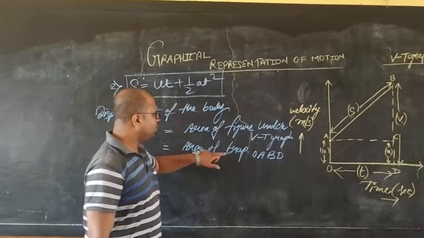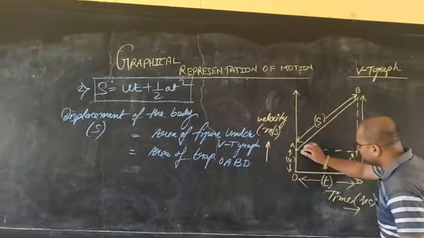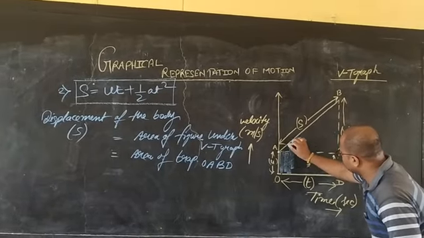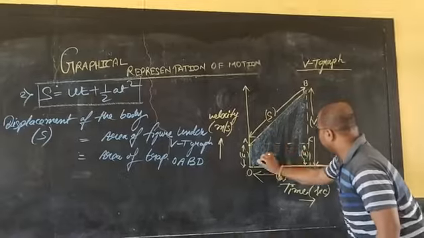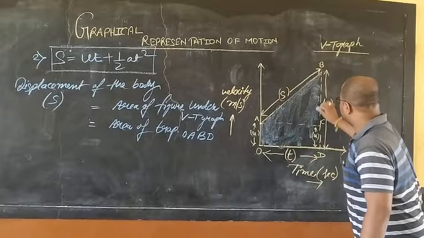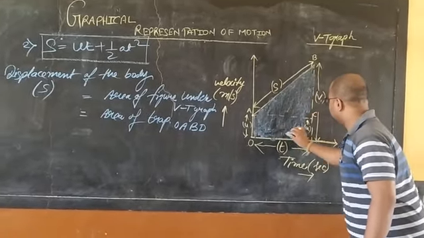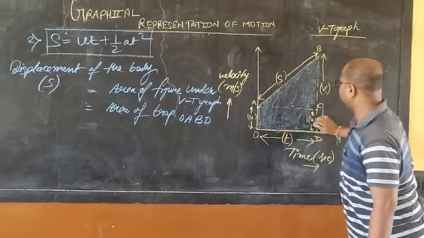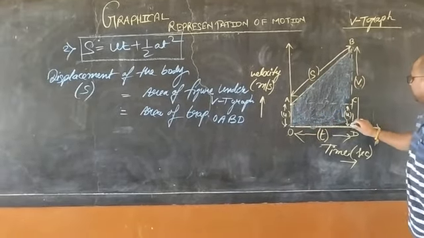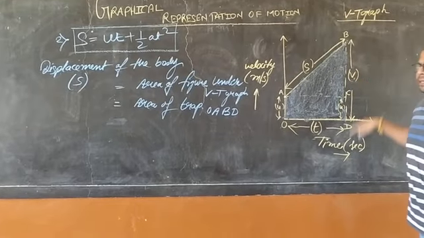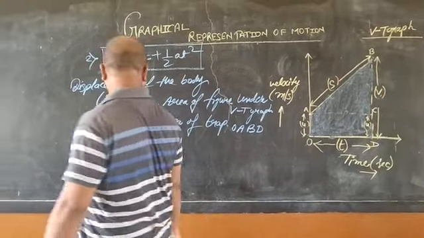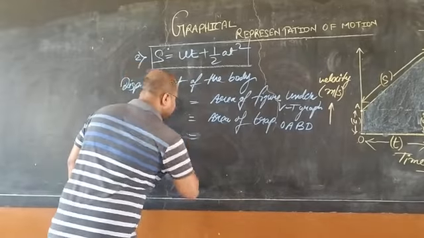So area of which figure is there? You can see here. Which figure is it? It is a trapezium, students. If you see the motion of the body, OABD, it's a trapezium. So the area of the trapezium will be the displacement of the body.